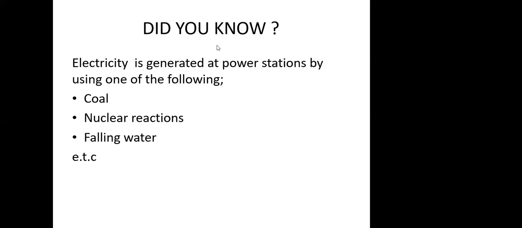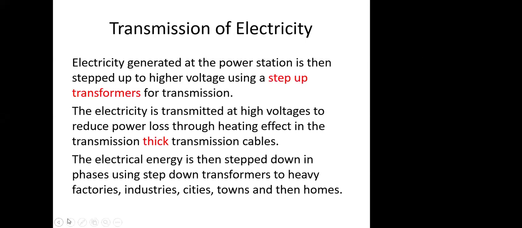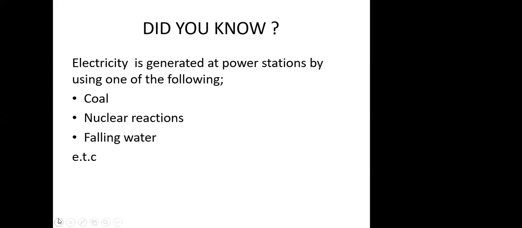In the chat, we have someone saying fast flowing water or turning of turbines by water as sources, and those are really correct. After generation, the next thing is transmission. So how is electricity transmitted?